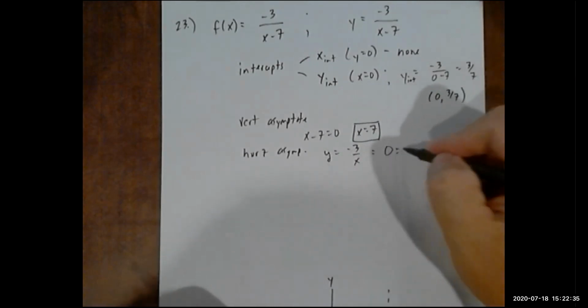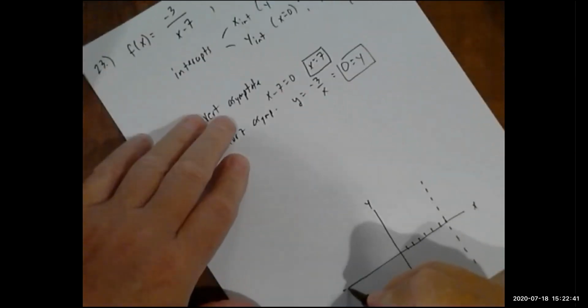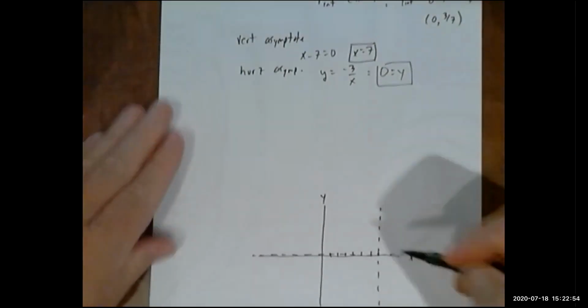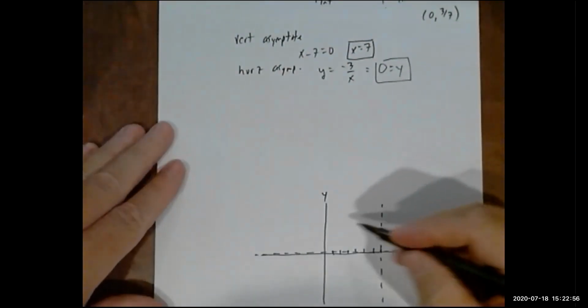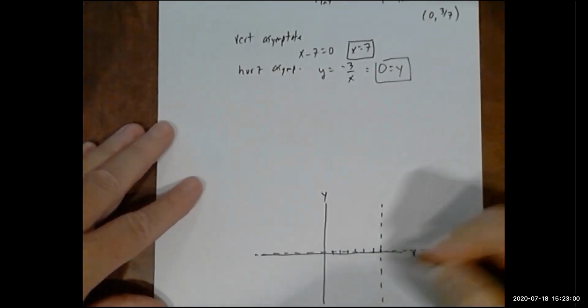So we have a horizontal asymptote of y equals 0, basically your x-axis. So what this means is when we figure out how to graph this function, it's sort of like it's broken up into 4 separate squares. So there's probably going to be a couple graphs somewhere in these squares here.